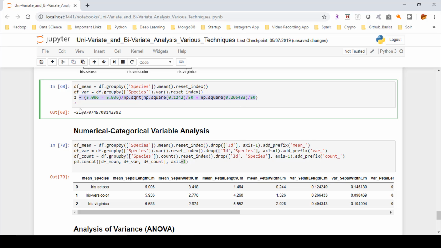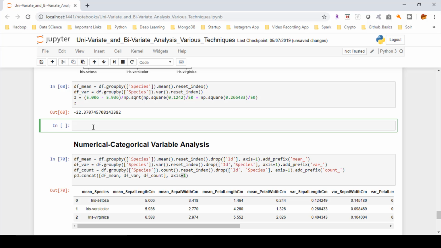The value came out as minus 22.3707. And if we look up this value in the z table, or the z statistics table, the probability will come out as 0.00001. So the p value, or the probability, came out as 0.00001, and this is very low.